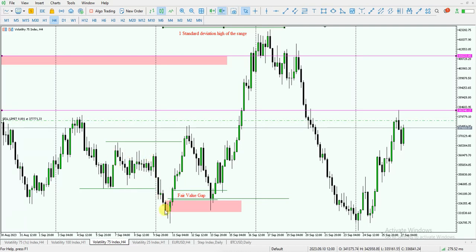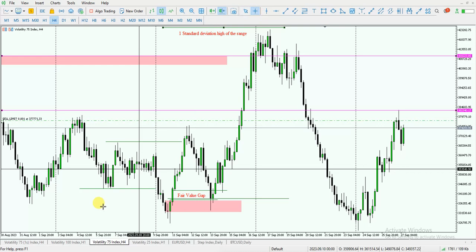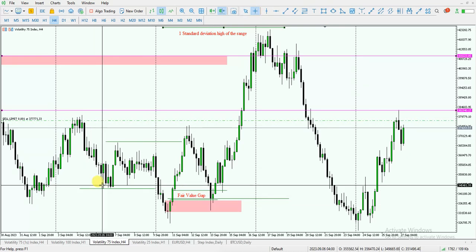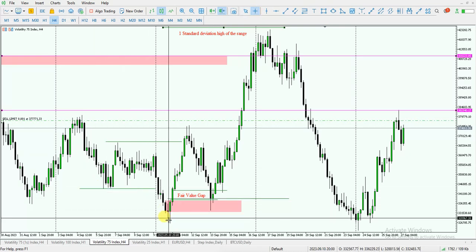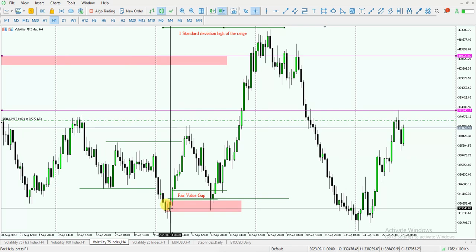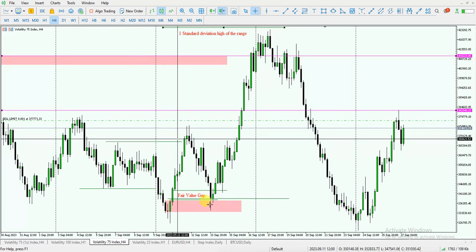Price rallied down to sweep all the liquidity resting below this area. Beautifully, it swept the liquidity resting below this and this, and then it didn't stay in there, and then it rallied up and swept the liquidity resting above this area as well.